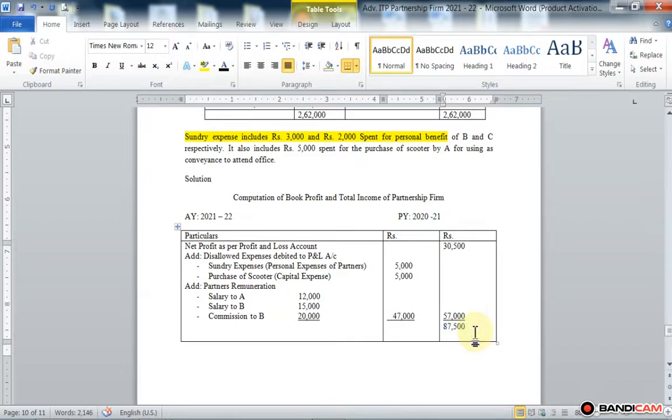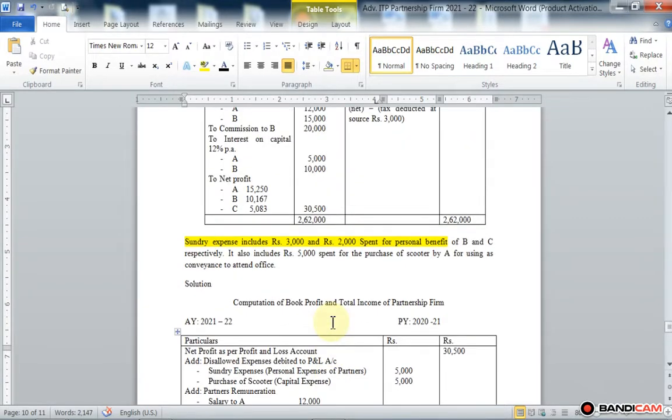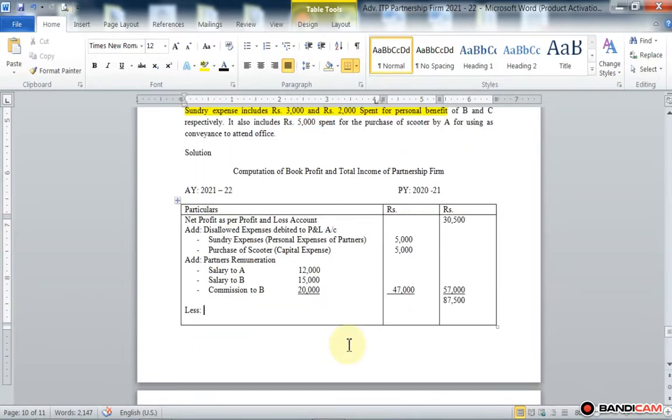Now we deduct, less the income which is not relating to the partnership firm. So here the income which is given here, that is interest on securities.